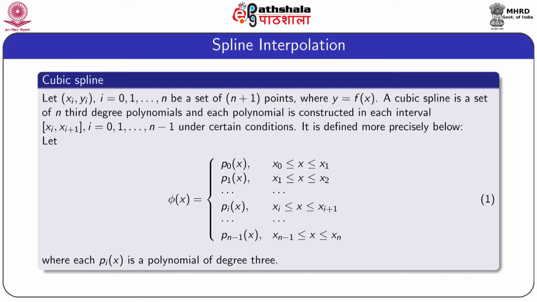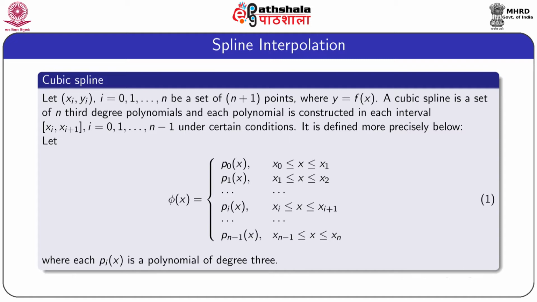The cubic spline interpolating polynomial is defined precisely in the following equation. In equation number 1, the function phi(x) is defined as p_0(x) within the interval x_0 to x_1, where p_0(x) is a polynomial of degree 3, and p_1(x) is another third degree polynomial which is defined in the second interval x_1 to x_2. p_i(x) is another polynomial of degree 3 defined in the interval [x_i, x_{i+1}].